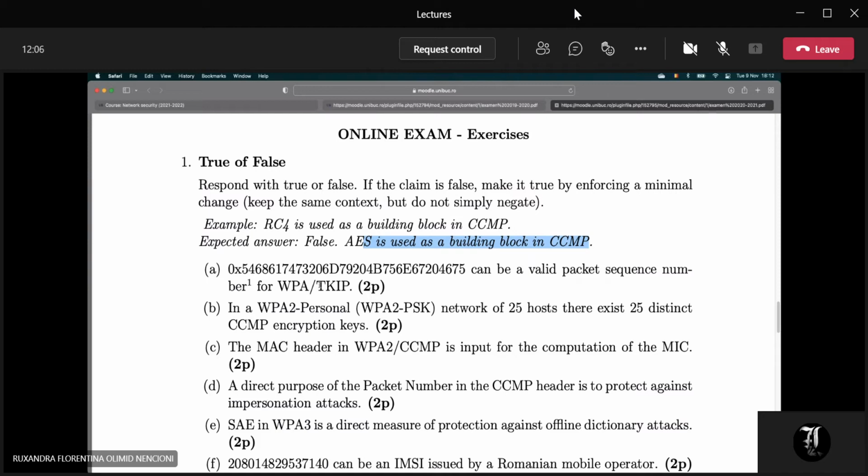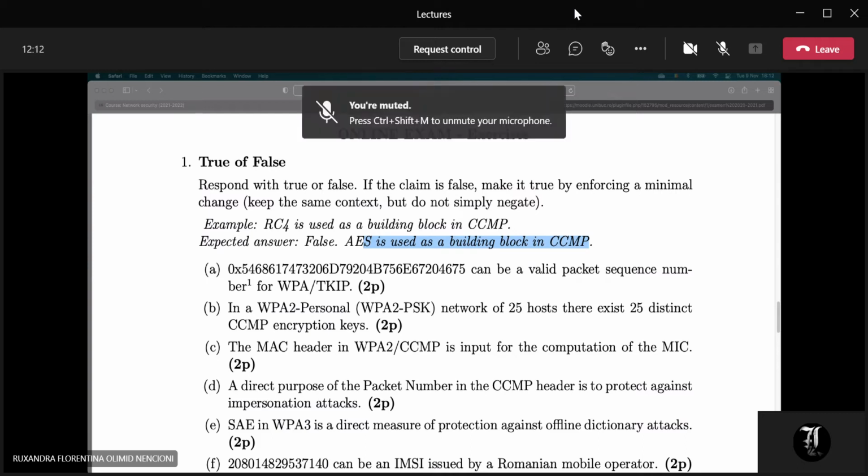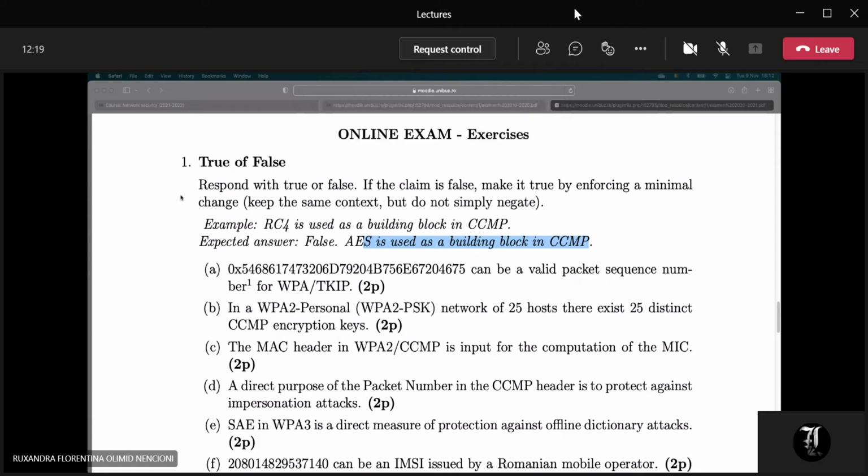Let's try with the first one. This can be a valid packet sequence number for WPA or TKIP.